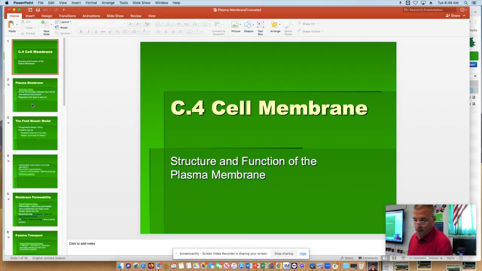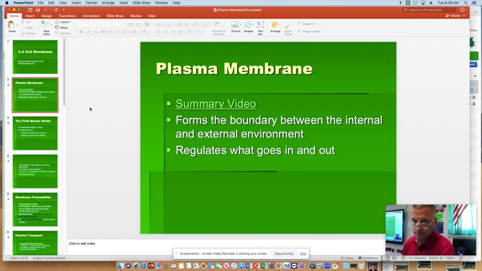Anyway, it's much more than just a membrane. I mean, that's what we think of it as, just the part. But there are other parts that allow more versatility within the plasma membrane. So it makes a boundary, keeps the inside in and the outside out. And that's important.